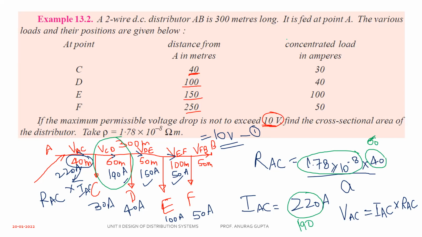So this time I'm sharing my whiteboard, don't worry. Suppose I'm just writing here 1.78 into 10 to the power minus 8. That is constant rho. Clear? Divided by A, that is also constant.